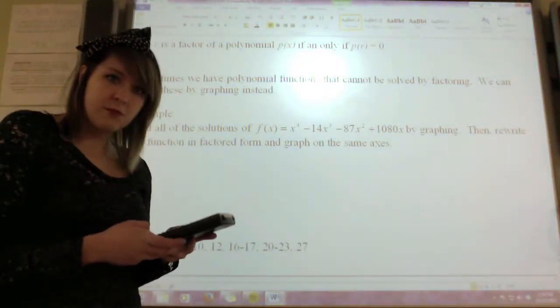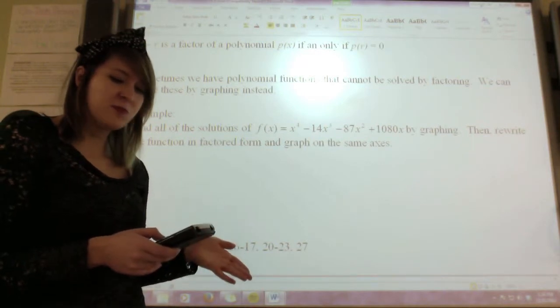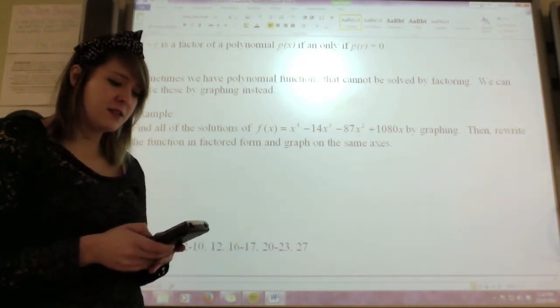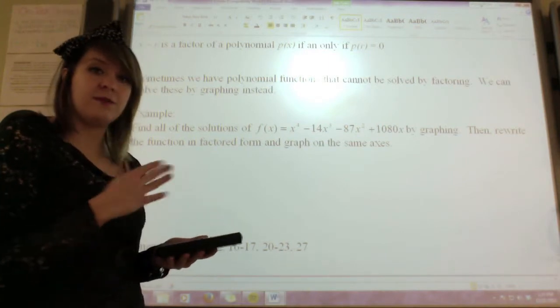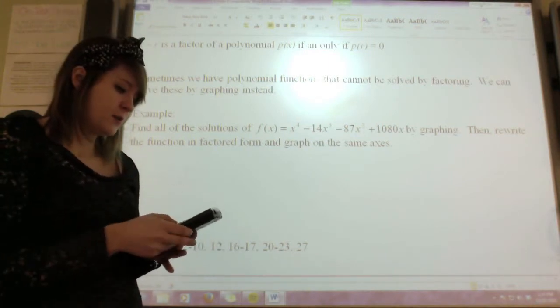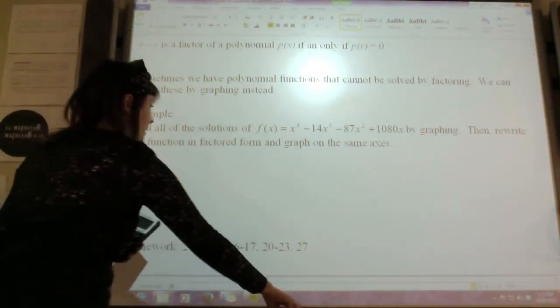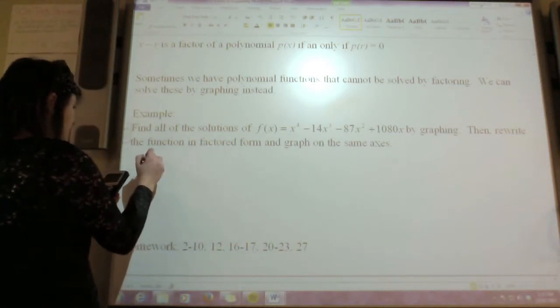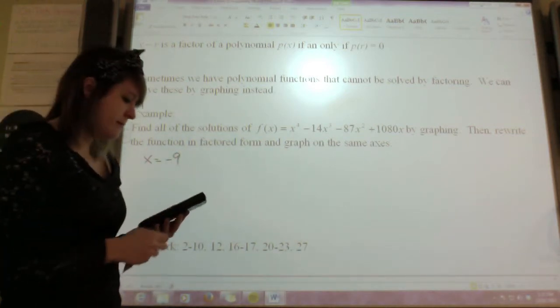So if I go to my zeros, it's going to ask me for a left bound and a right bound. For each of those places that it's crossing the x-axis, you're going to want to do this. So I'm going to start with the furthest to the left, do my left bound and my right bound, and my guess, and I get x equals negative 9. So that's my first 0.